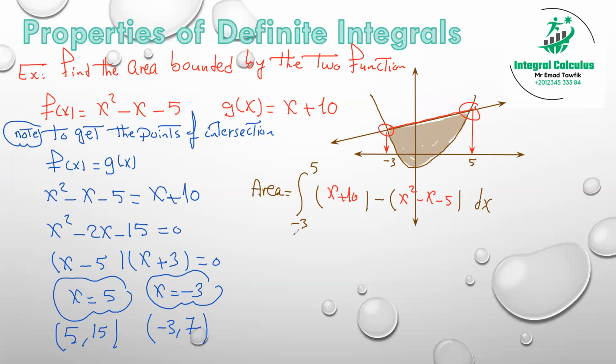Put it in simplest form and then integrate. The integration from negative 3 to 5 of x plus 10 minus x squared plus x plus 5 is negative x squared plus 2x plus 15 dx. Integrate, make your substitutions, and get your answer.